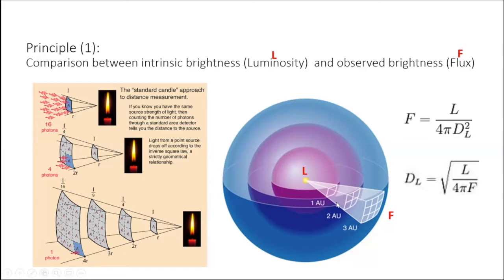So depending on the distance, you assume that this source emits its energy isotropically. It's the same amount to all directions. So the further out you are, you need to divide that luminosity, or that energy per second that the source emits, onto a larger and larger surface of a sphere.